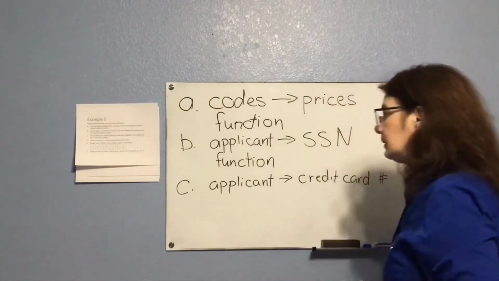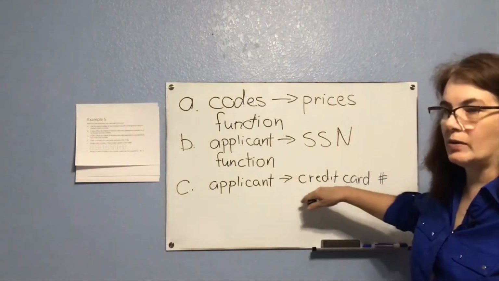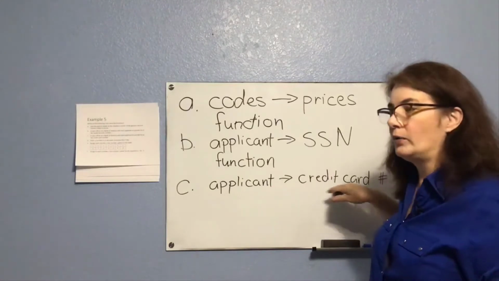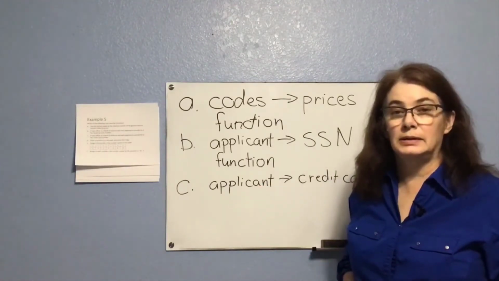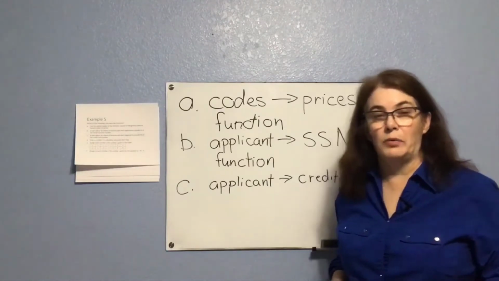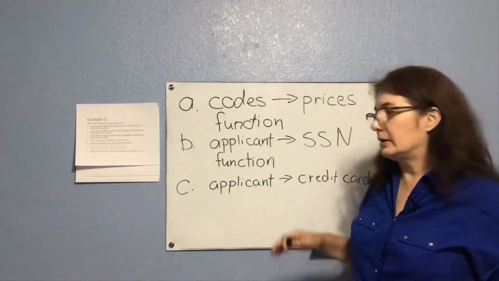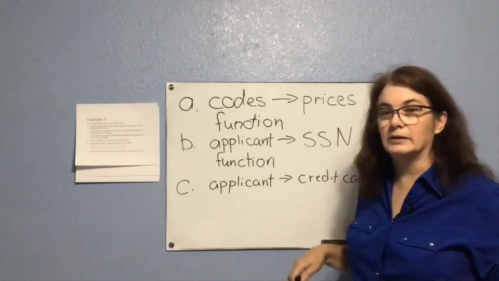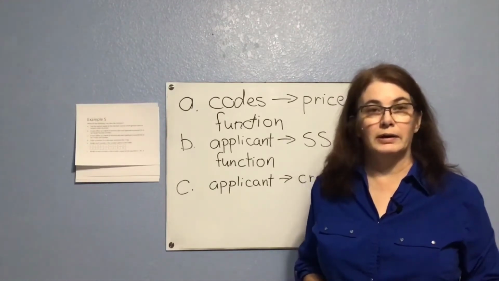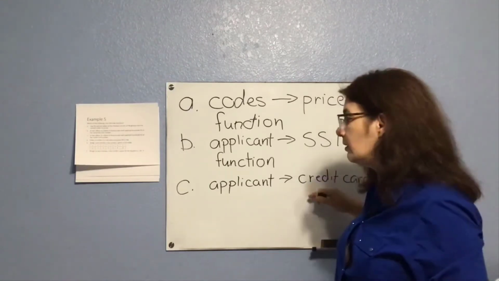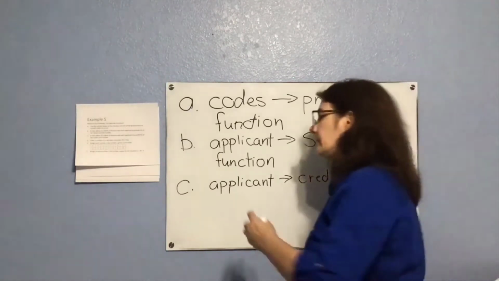So we've got the two quantities. Is it only one response for each applicant? Some applicants are going to have more than one credit card, so they could give more than one response here. And there may even be some applicants that have no credit card, and then there would be no response. So this is not a function.